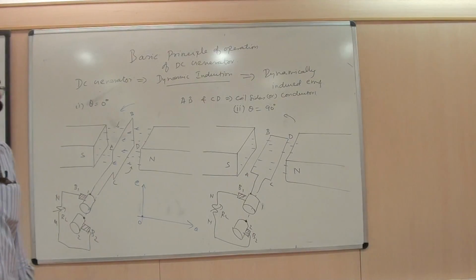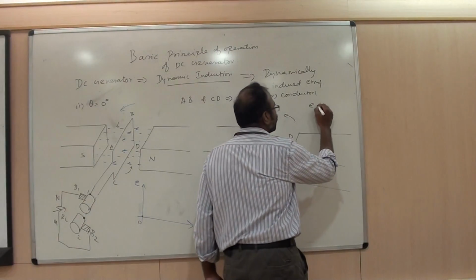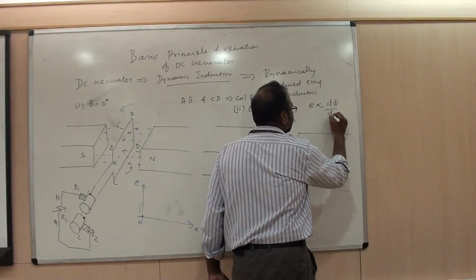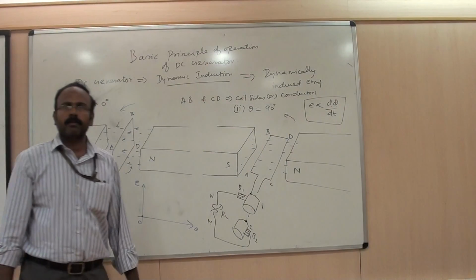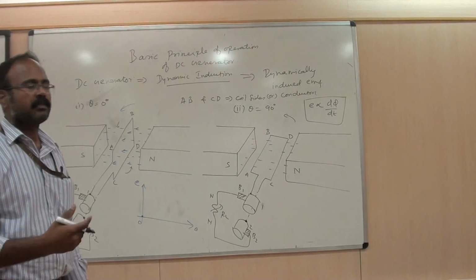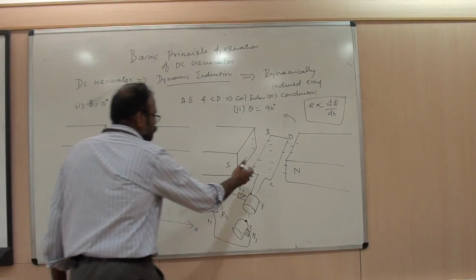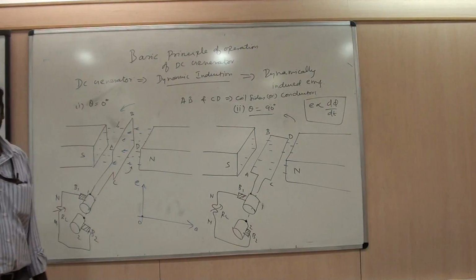It is the maximum. We already know the EMF induced is directly proportional to dphi by dt, according to Faraday's law of electromagnetic induction. Here at theta is equal to 90 degree, the change in the flux is maximum.